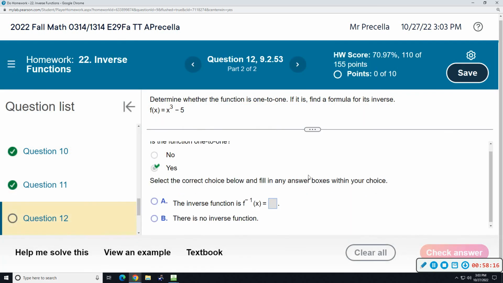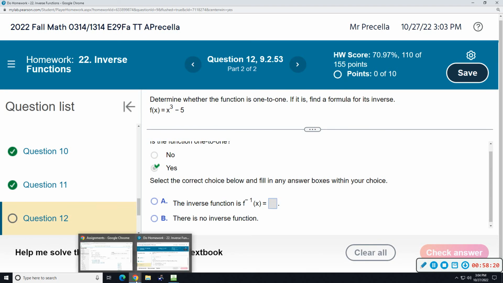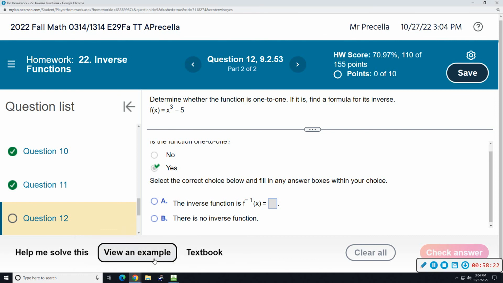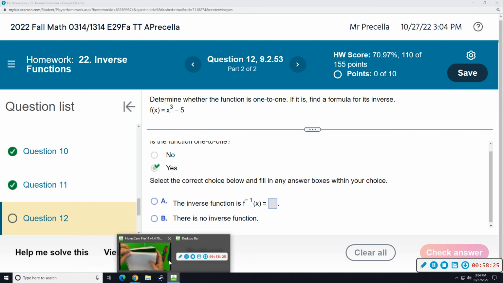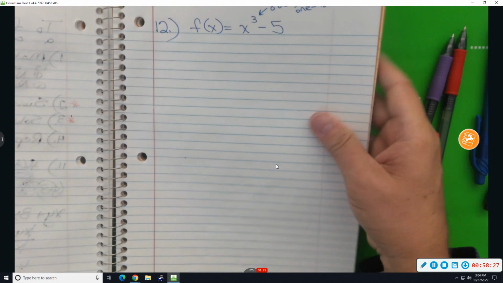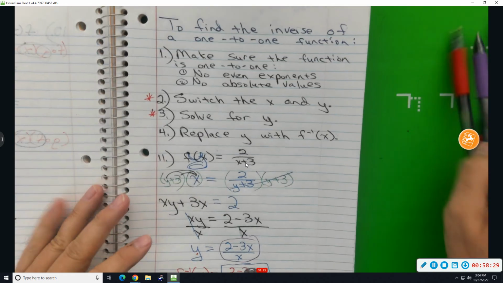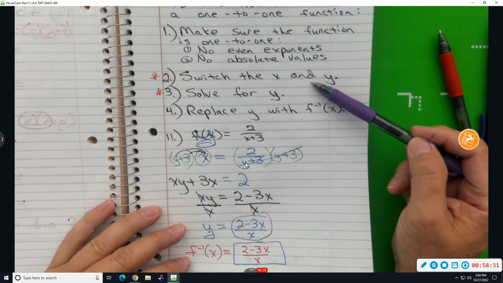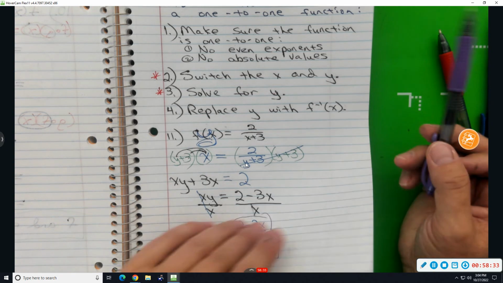And now they want us to find the inverse. So let's look back at our steps. We've already confirmed it's 1-to-1. We better switch the x's and y's.